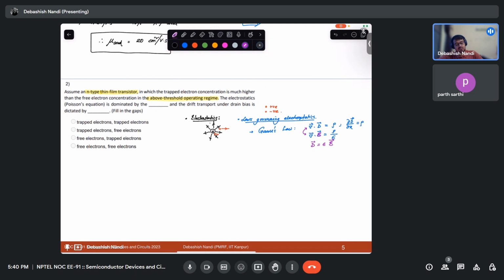Even if you do not know anything about the physics, if some blunt questions like this come in your way, how will you tackle that? First thing, make it comfortable for you. What is more convenient? You know about this thing, right? This D is equal to rho.